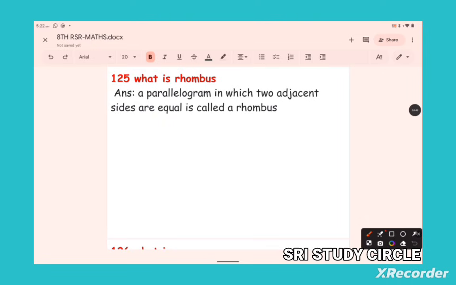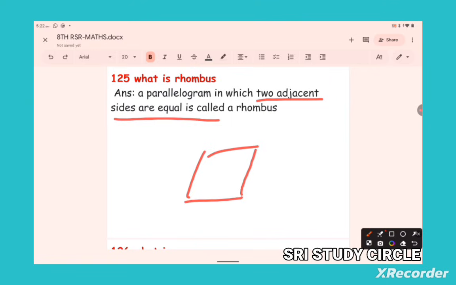What is a rhombus? A parallelogram in which two adjacent sides are equal is called a rhombus. At least two adjacent sides are equal. Rhombus means all sides are equal.